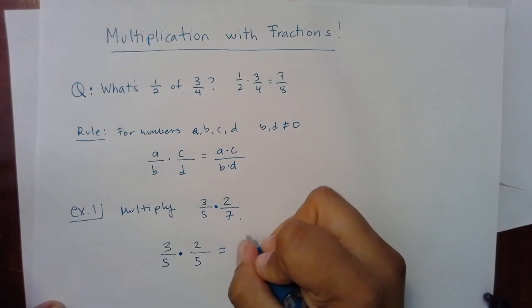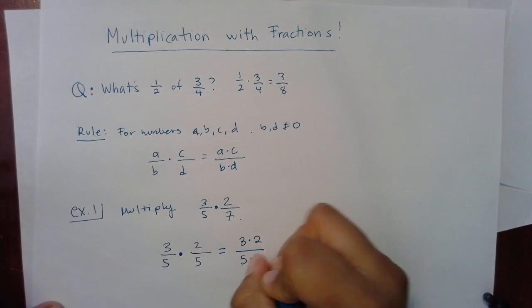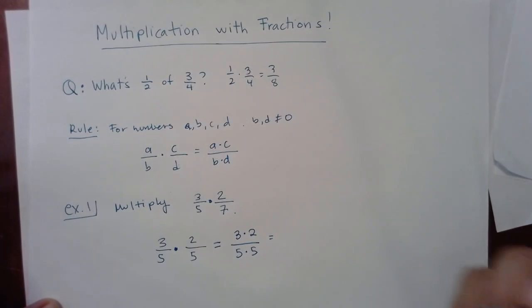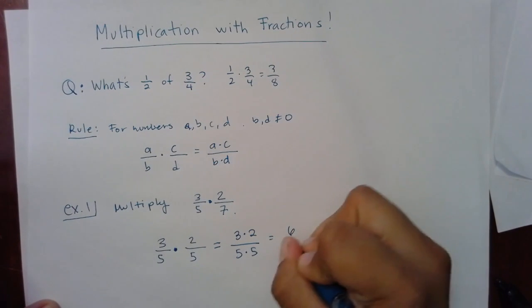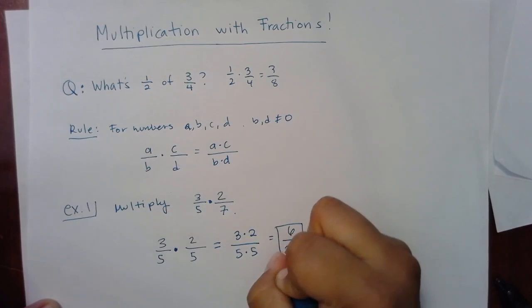Using the rule, we multiply the numerators together and the denominators together, and you obtain 6/25.